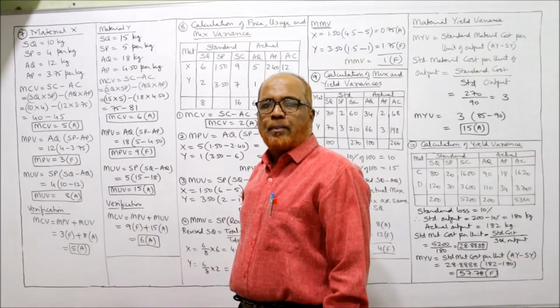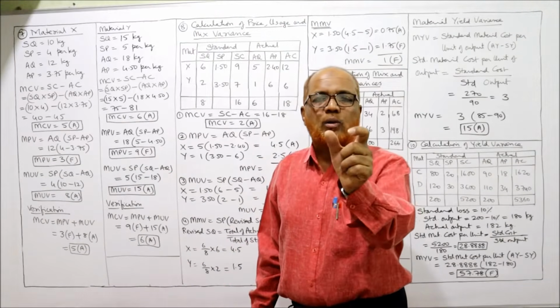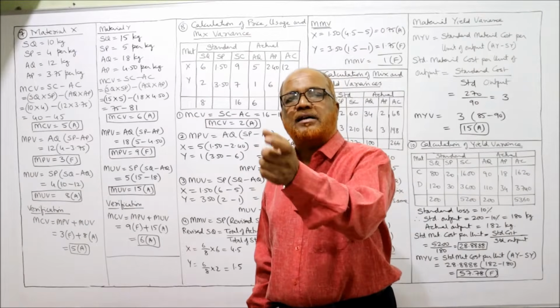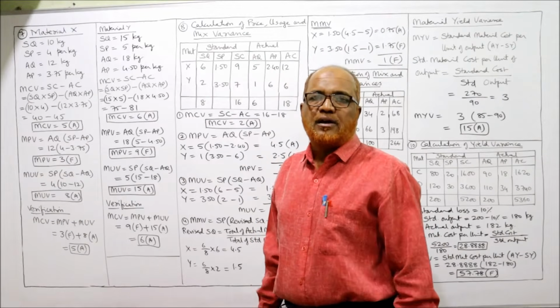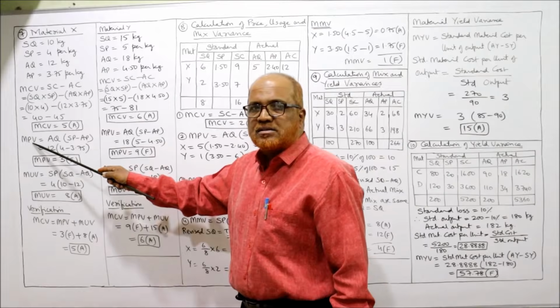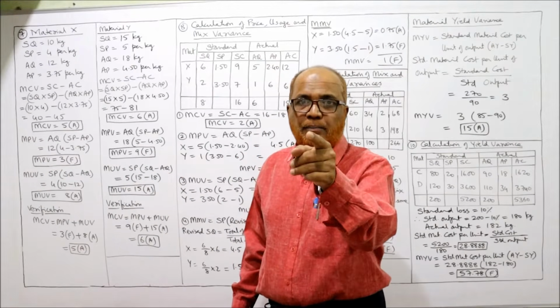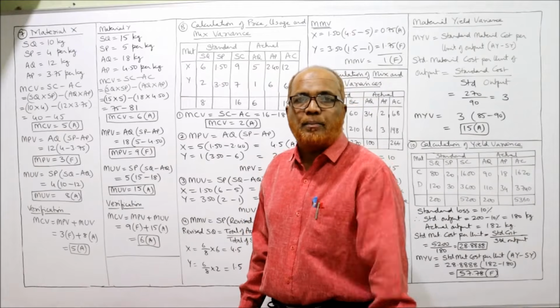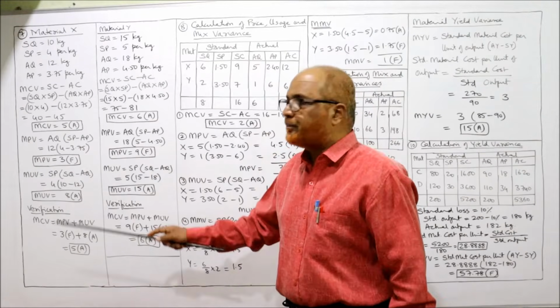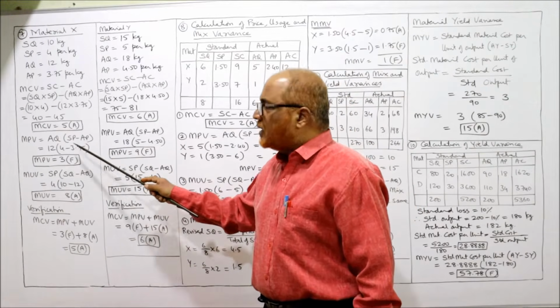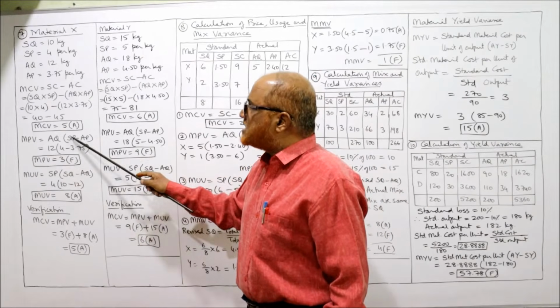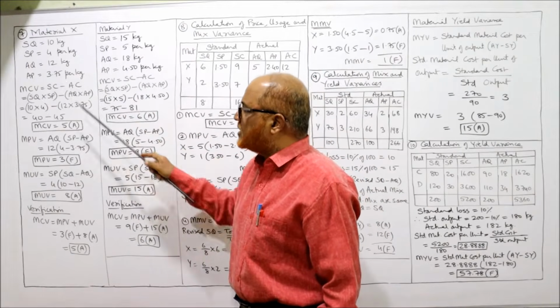Now MPV, material price variance: actual quantity into (standard price minus actual price). When calculating price variance, in the bracket you should take the price. This is the simple thing you have to remember: SP minus AP. Actual quantity is 12, SP is 4, 4 minus 3.75.